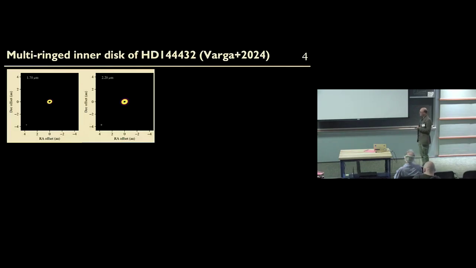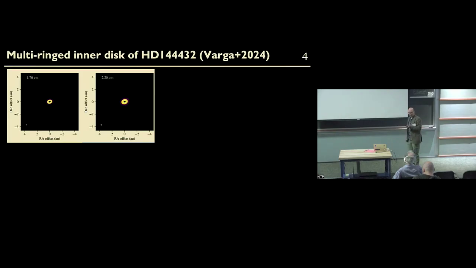The first two pictures are model images which are fitted to the data. These models show that in the near-infrared wavelengths of the PIONIER and GRAVITY instruments, we have a structure which is very compact. We have basically a ring, which is consistent with the dust sublimation.